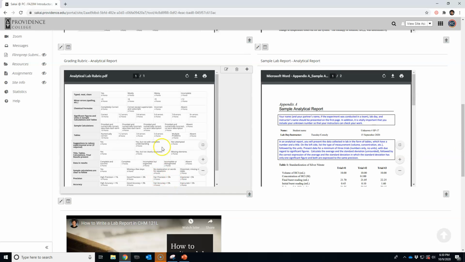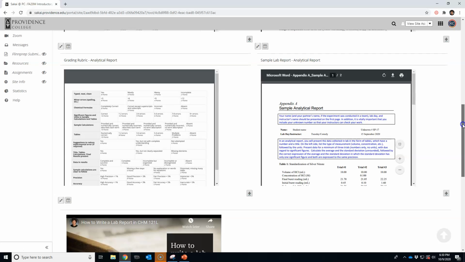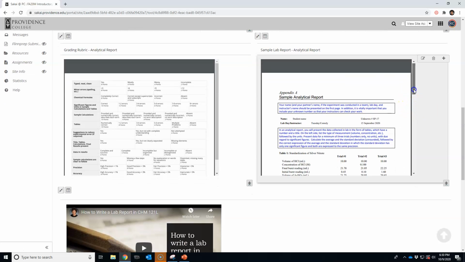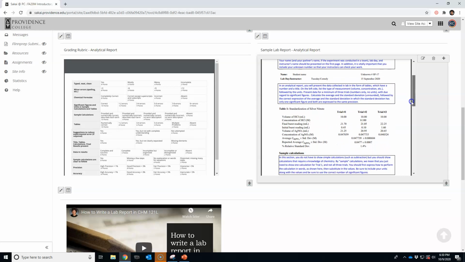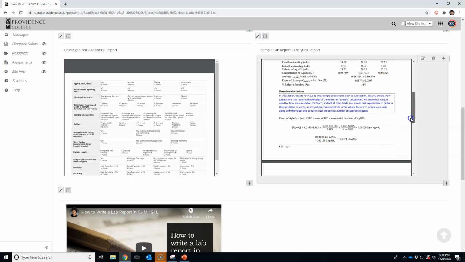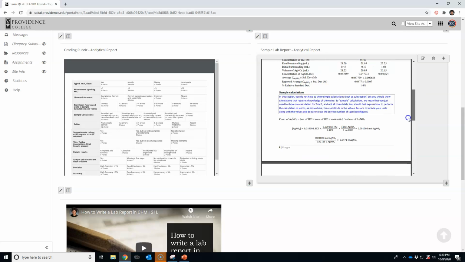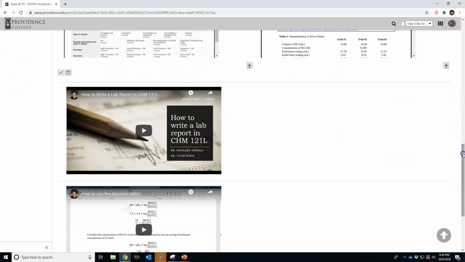So here we have the Analytical Lab rubric that we're using to grade your report, and we have the appendix, which shows the sample analytical report. If you look at this sample, there's an example lab report, and there are some boxes with blue text that explain the kinds of things you need to pay attention to when preparing your report.